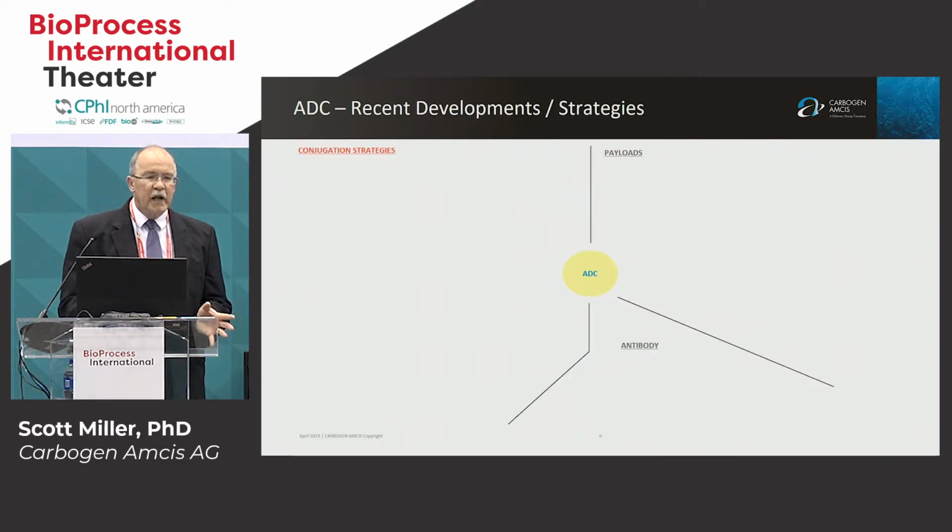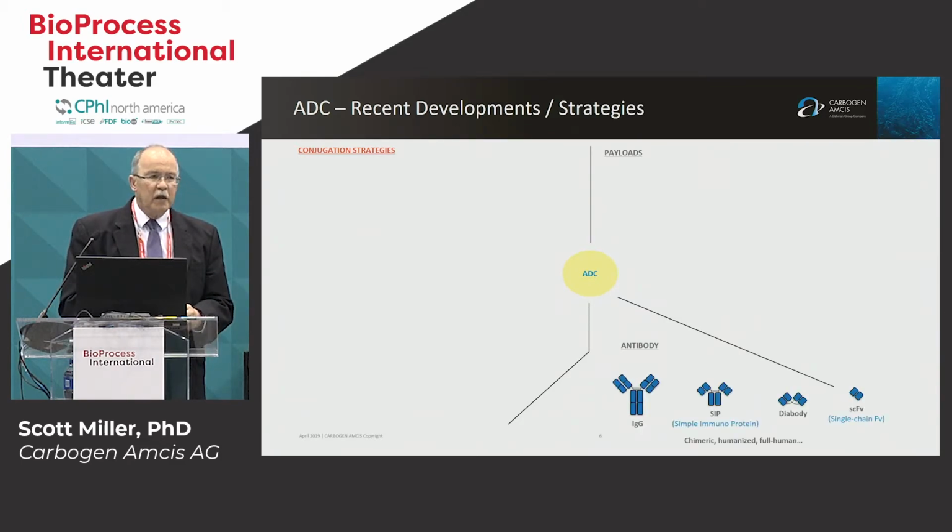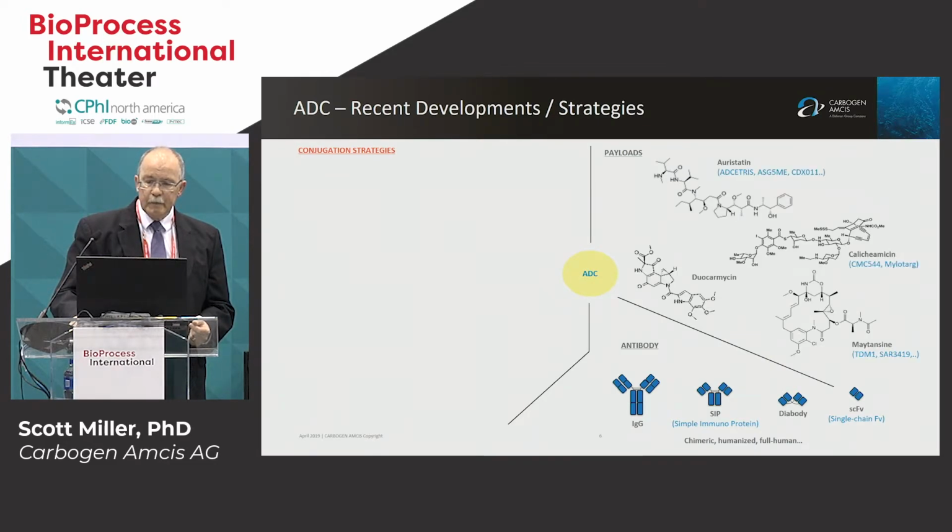The overall strategy, this is a little bit of a historical slide. Some of the developments that have been happening: IgG, simple immunoproteins, diabodies, single-chain fragments of antibodies, all are being looked at. Again, IgG is the one on the market right now.